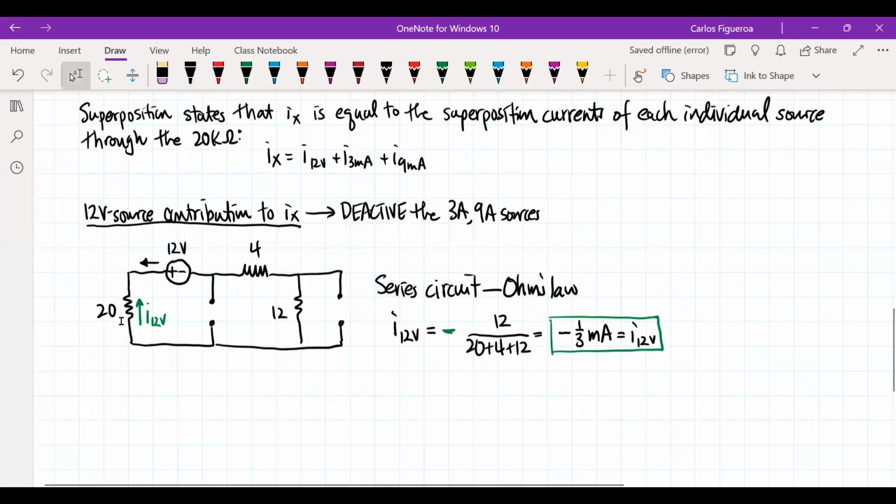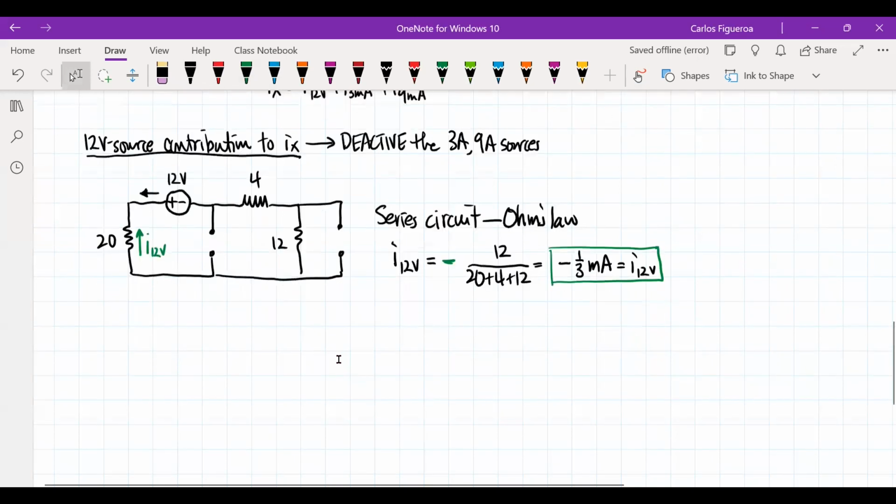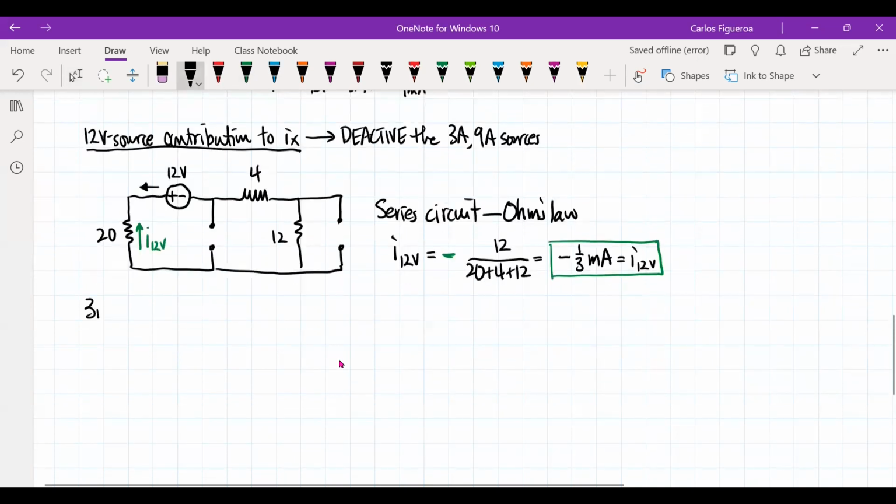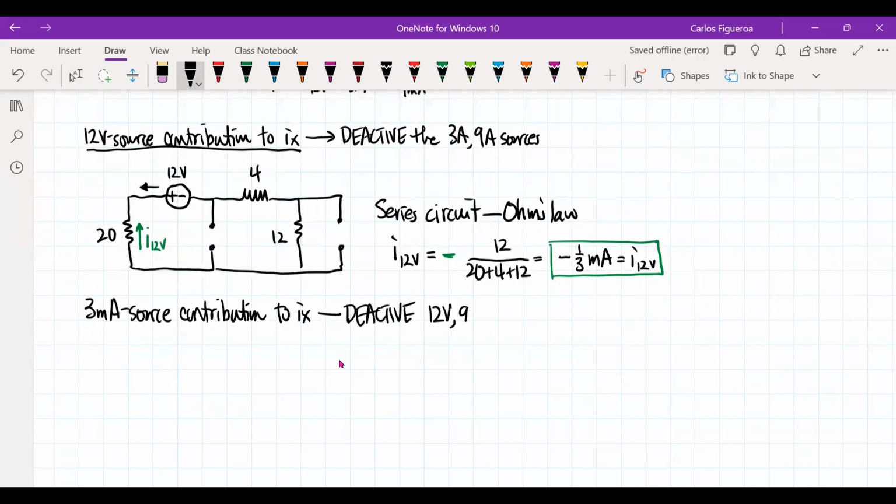My second contribution is going to be through the 3 milliamp source to Ix, which then means I have to deactivate the 12-volt and the 9 milliamp sources.